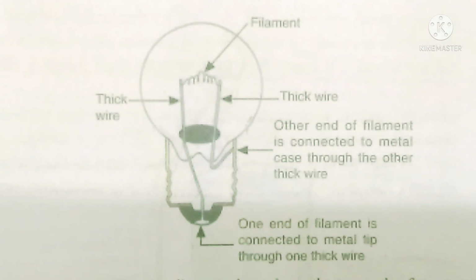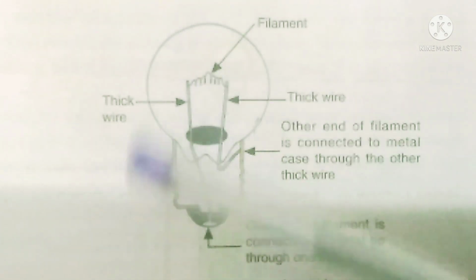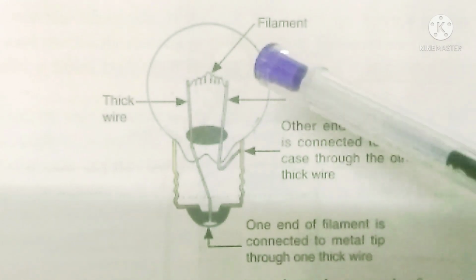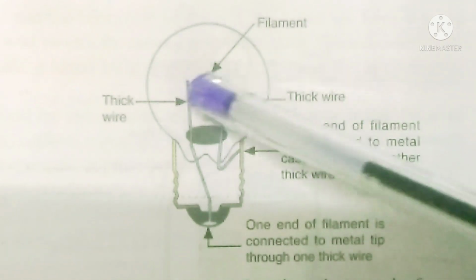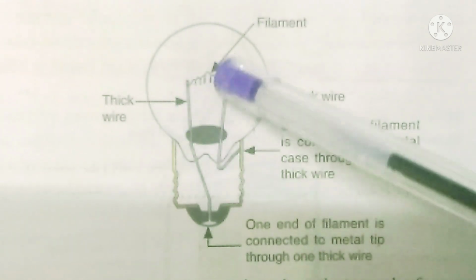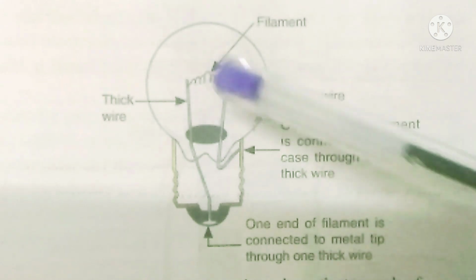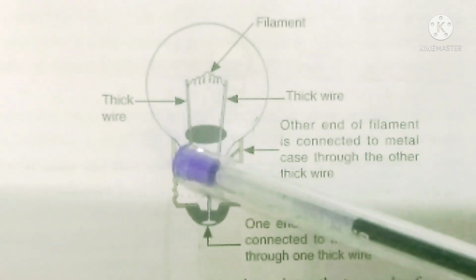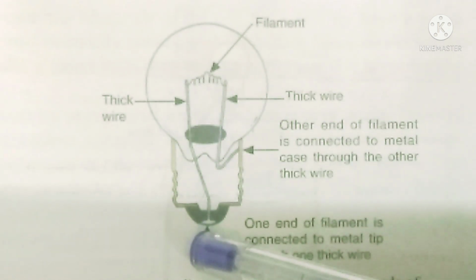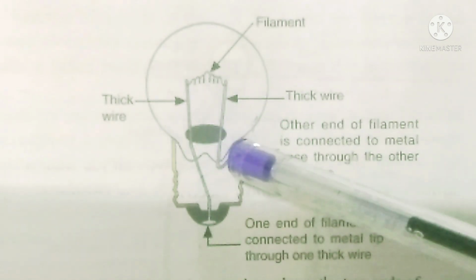Now let us see how the bulb works. You see here, this is the dissection of a bulb. Here is the filament, and the filament is connected by two thick wires. See here, one end of the filament is coming here, and the other end is coming from here.